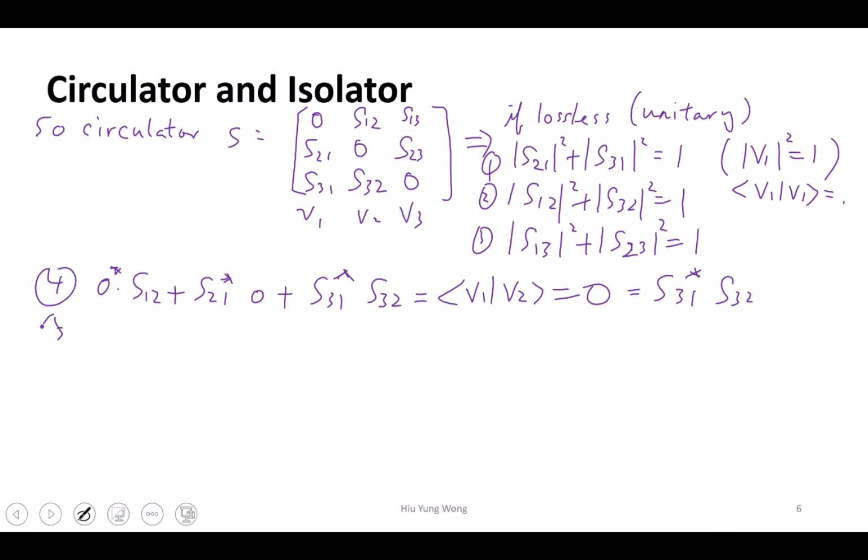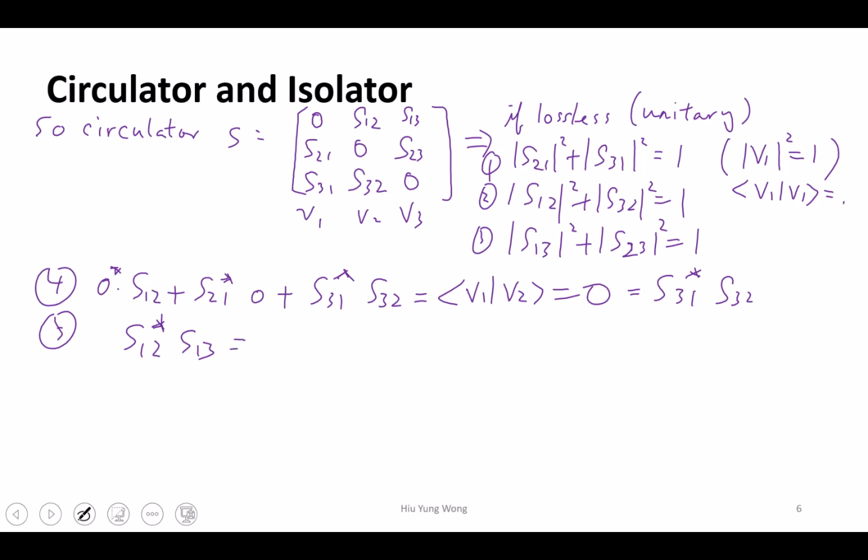Now similarly, what else do I have? Can some of you, let's do V2 and V3. What's the final result? I'm talking about inner product of these two. What's the equation? S12 star S13 plus 0 star, so it's 0, so I ignore it, and then again plus something times 0.